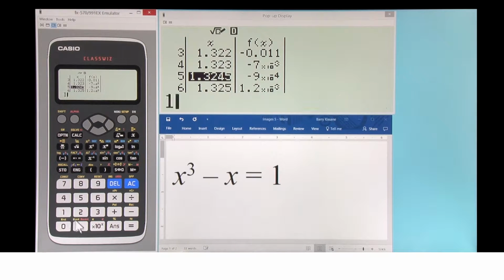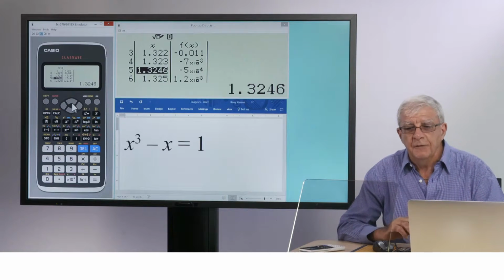Maybe we'll try a slightly larger value, and we see that in fact it's still negative, but we can continue in those ways and see certainly that one of the solutions to the equation for 3 decimal places is 1.325 to the 3rd decimal place.